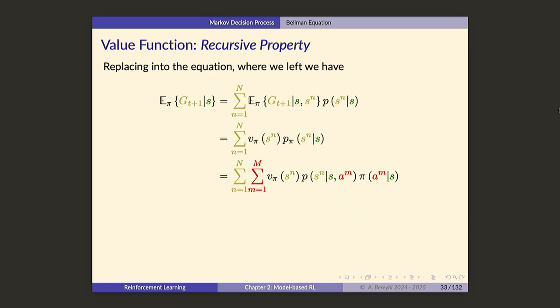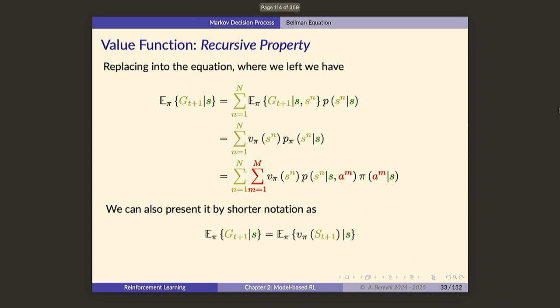So you are computing the value at every single possible state, and then you multiply it with the probability of going to that state given that you are in your current state, right? And then you add this up. So that is eventually the expectation of your value function at the next state, given that you are in the state s.